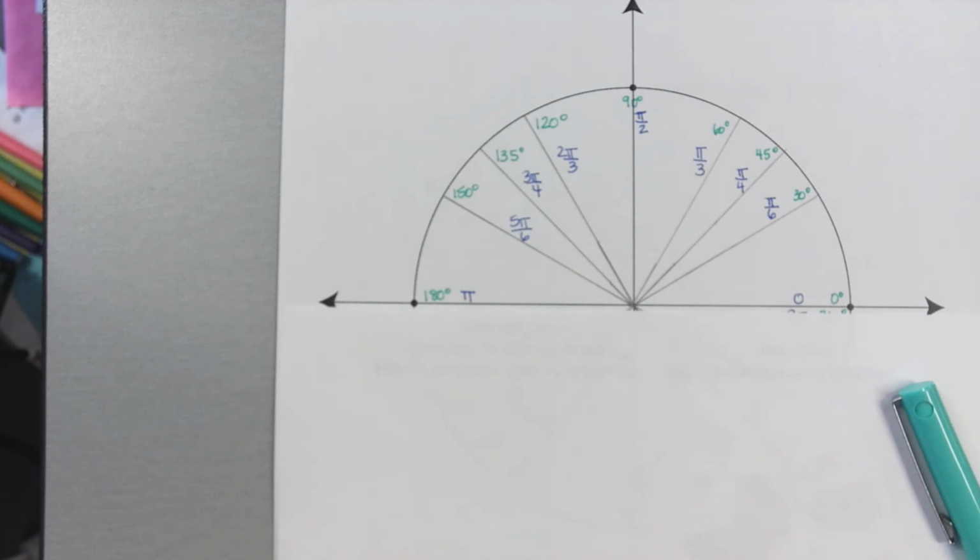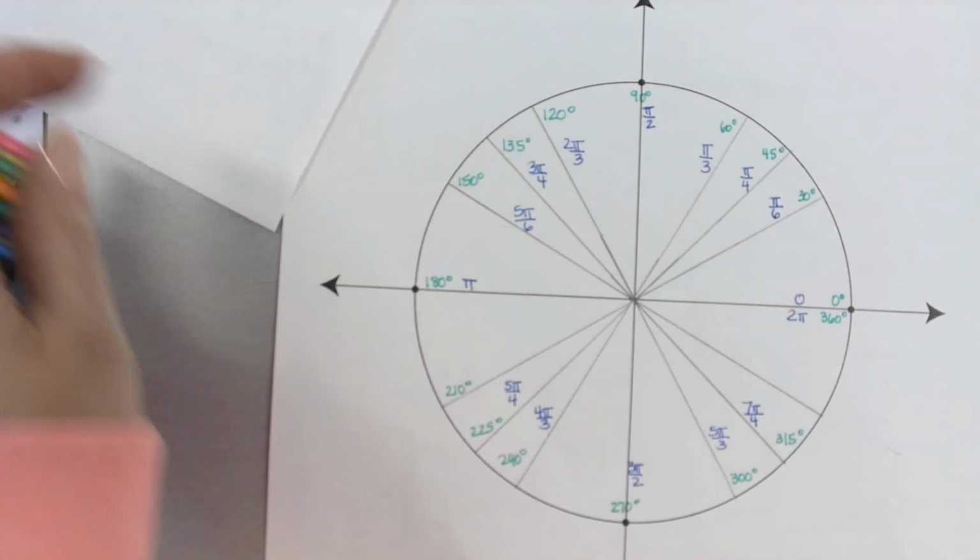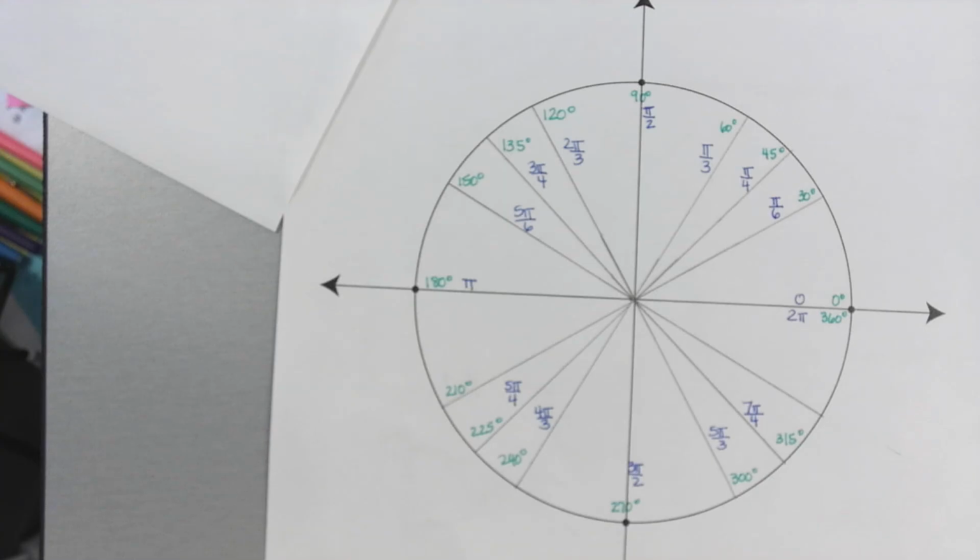All right, and then see if you can fill in the other ones with the pi over 6. Okay, so you're just counting.